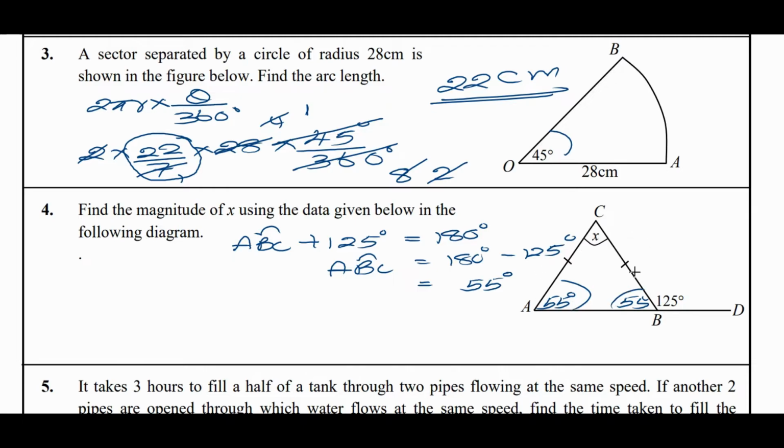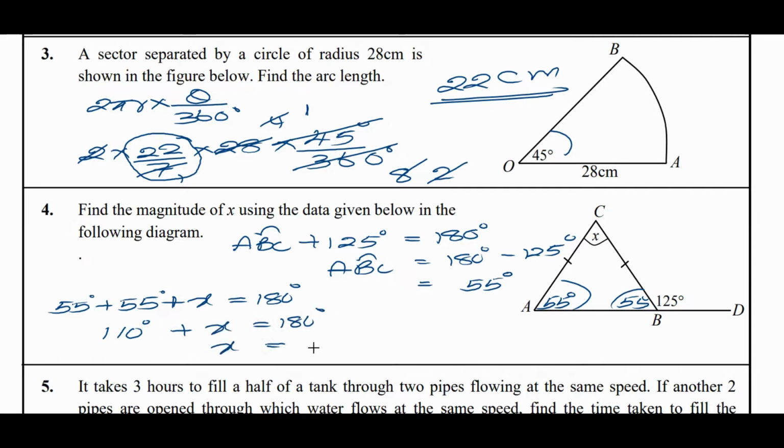Now I can write 55 plus 55 plus x equals 180 degrees because of the interior angles of a triangle. 55 plus 55 is 110 degrees. 110 plus x equals 180.